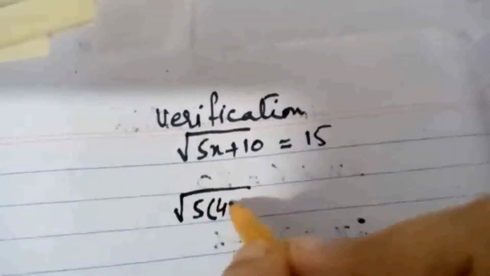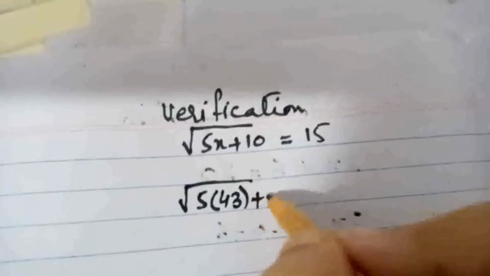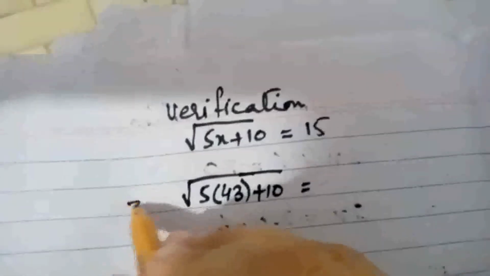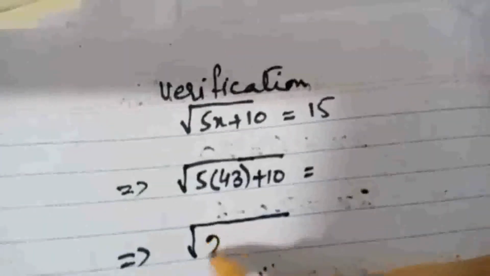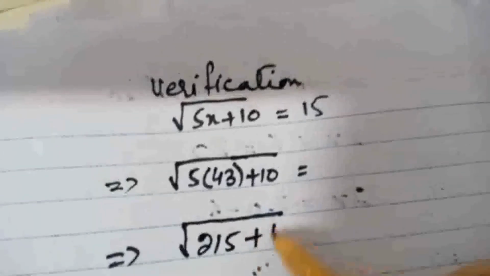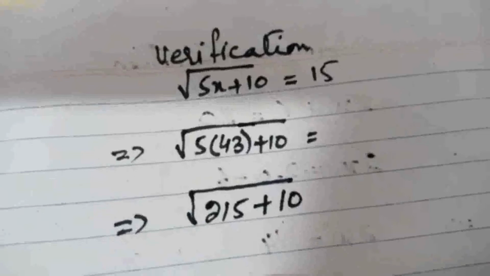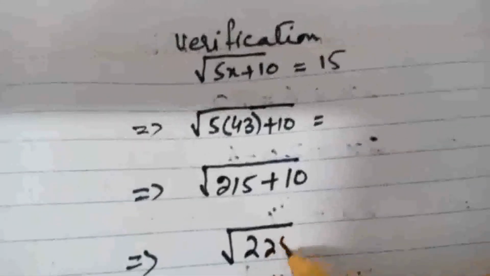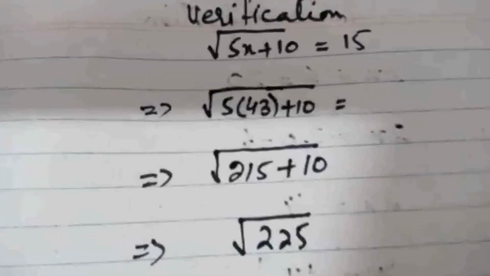As we got 43 as the value of x, now by putting it in, five multiplied by 43 is actually 215 plus 10. I'm going to solve the left side of the equation first of all. Now we are getting 225.